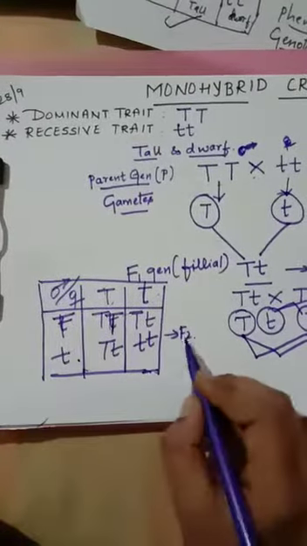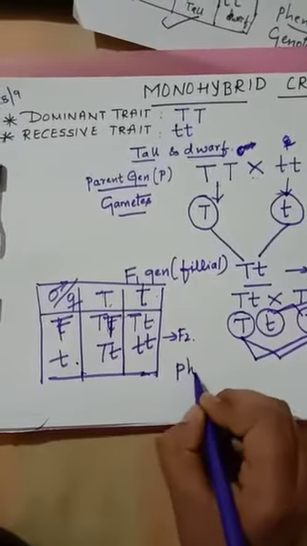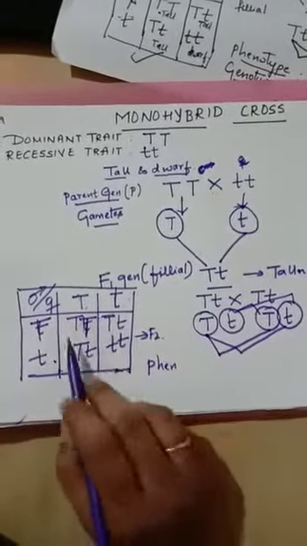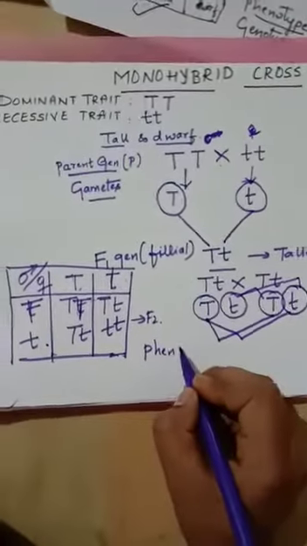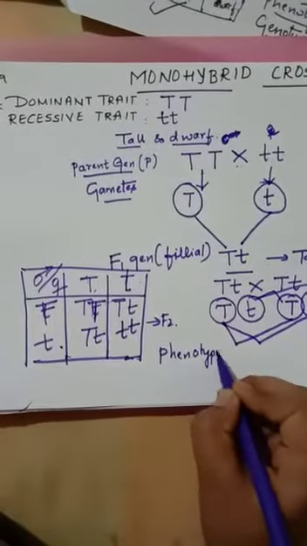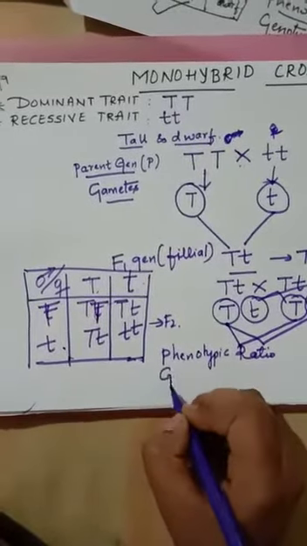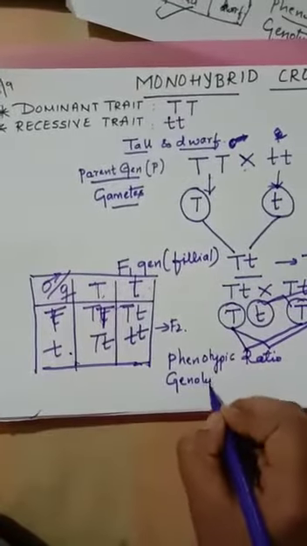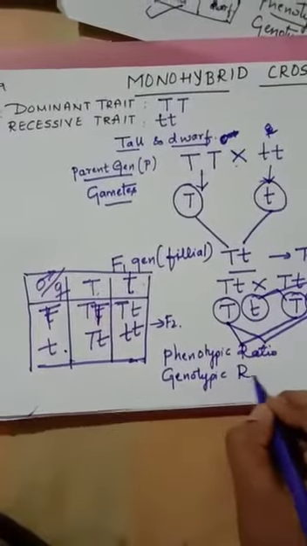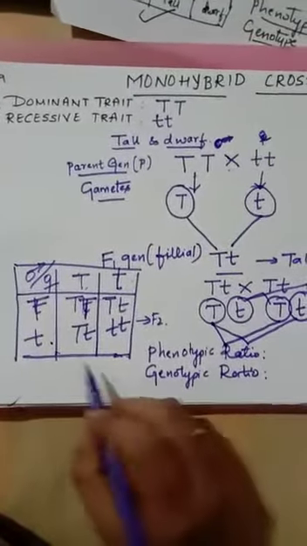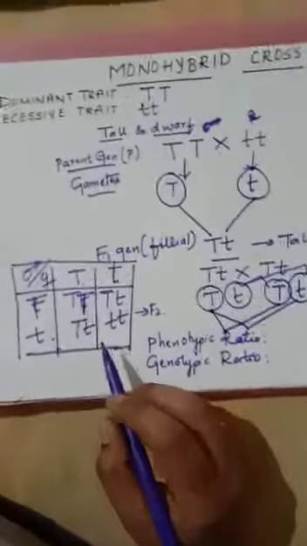Here we will have a phenotypic ratio. First we need to cross, then we need to put a checkerboard or Punnett square. We should know the phenotypic ratio. What is phenotypic ratio and what is genotypic ratio? Phenotypic ratio, in a simple way it is easy for you to remember, is the external character.